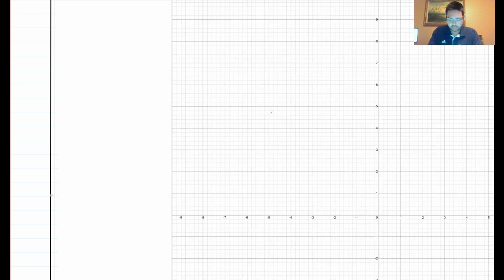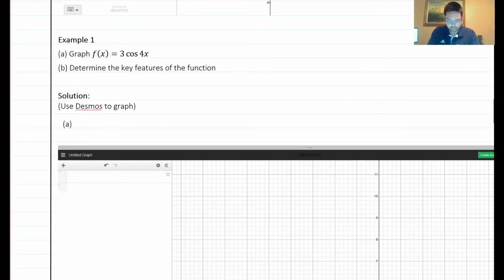So let's go ahead and pull up Desmos. You're going to do it on the web. Just type desmos.com and then graphing calculator for Desmos. Our goal here is to graph 3 cosine of 4x.